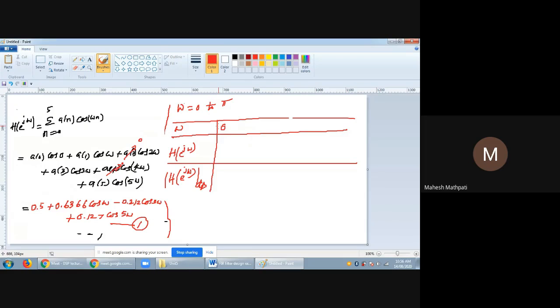Let us calculate the values for omega equals 0, then 10, then 20, then 80, then 120, then 160, and lastly 180. Like that we are just varying the value of omega. These are some samples we are calculating here.